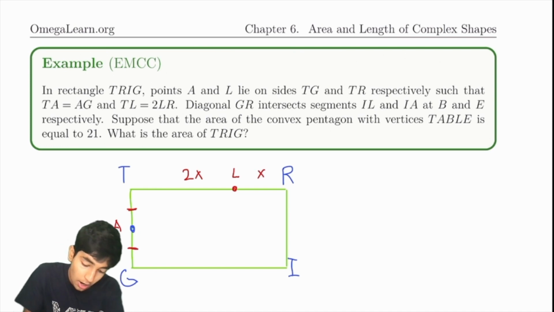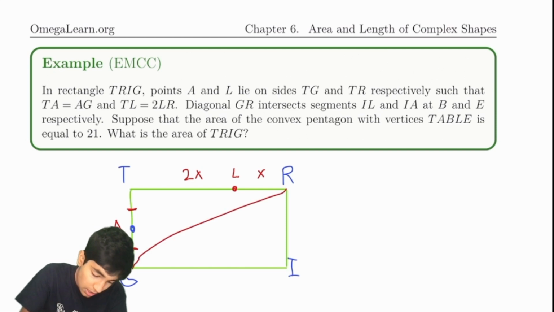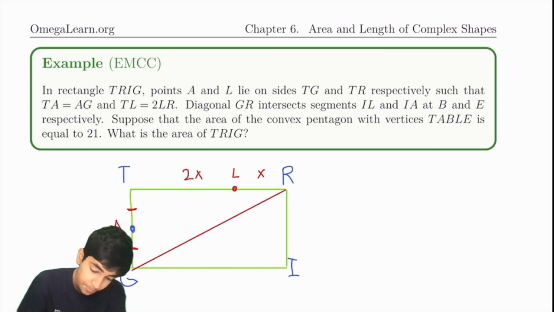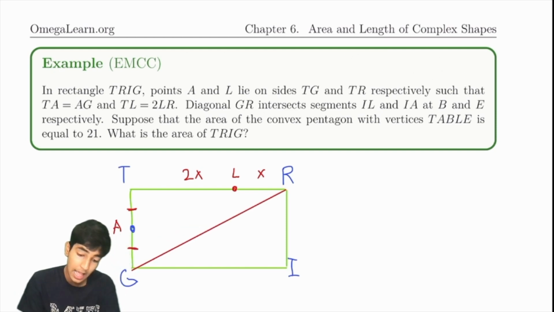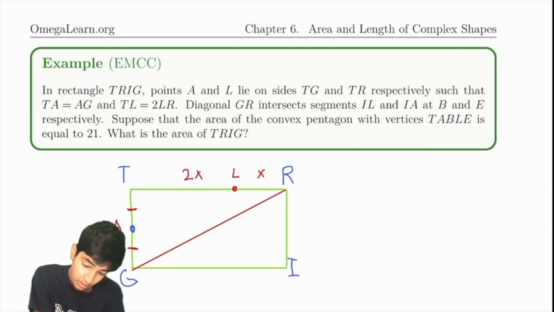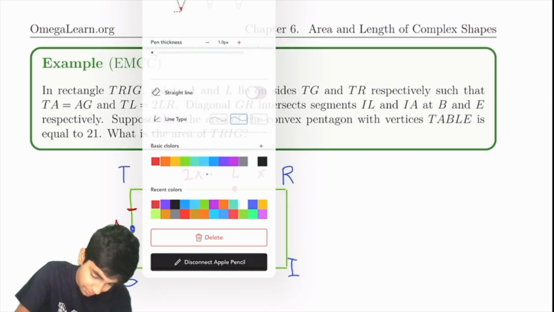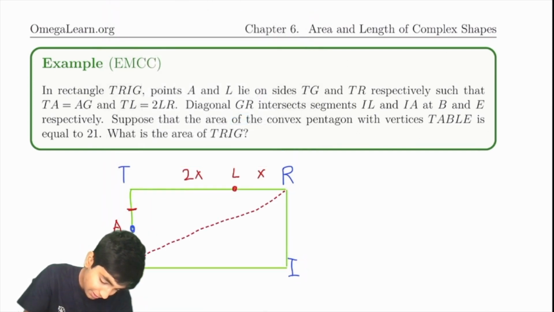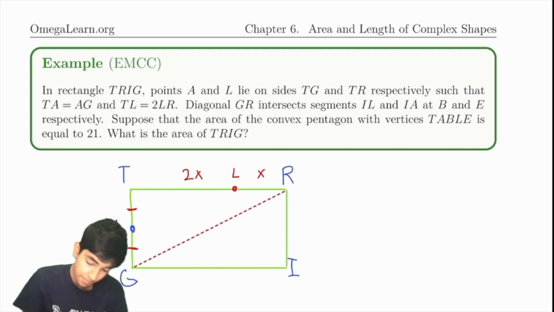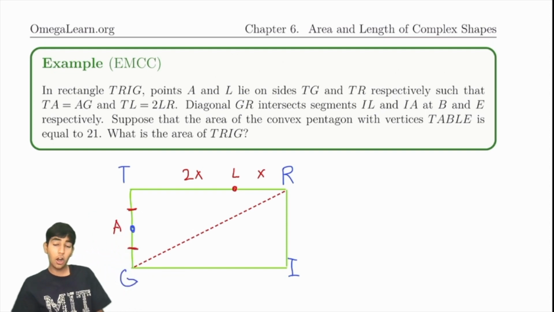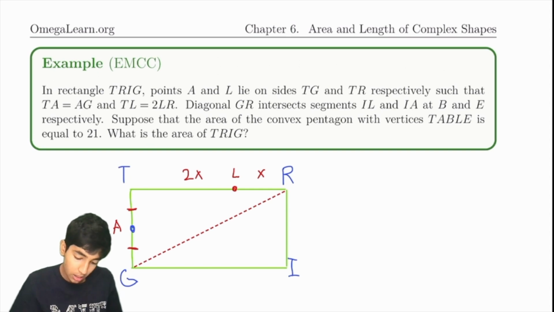Diagonal GR intersects segments IL and IA at B and E. Let me do something a little bit different here. I don't think I've done this before. I'm going to use dotted lines. So diagonal GR intersects segments IL, where's IL?